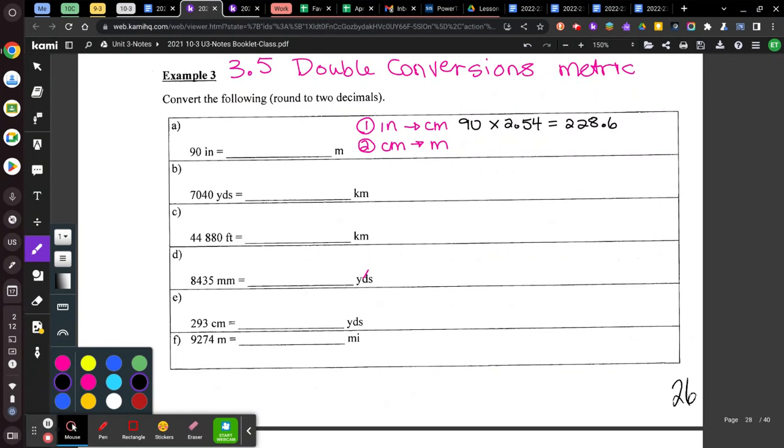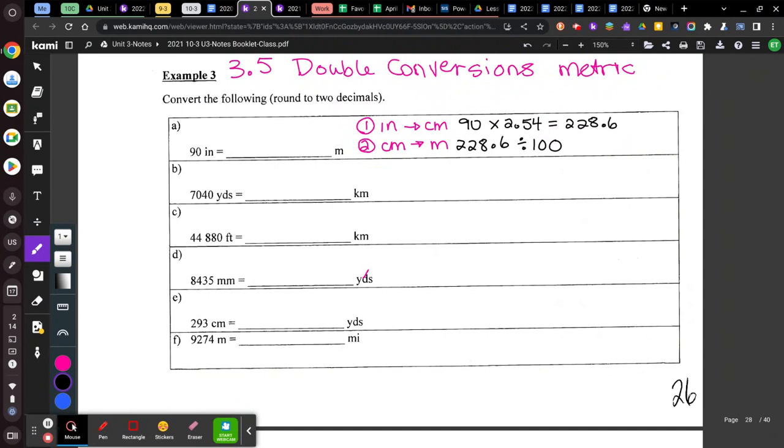Now I'm going centimeter to meter. That means I take my answer, 228.6, and I divide by 100. Why am I dividing by 100? Because I am going to the left. I'm going centimeter to meter, 2 steps, 2 zeros.